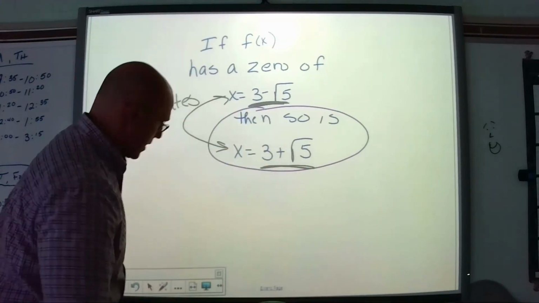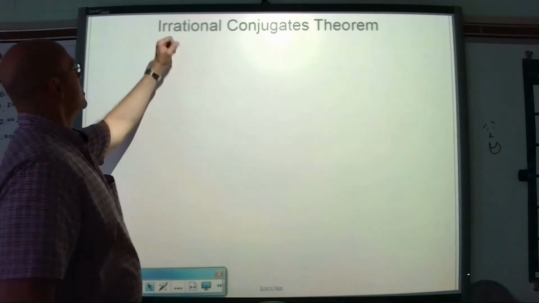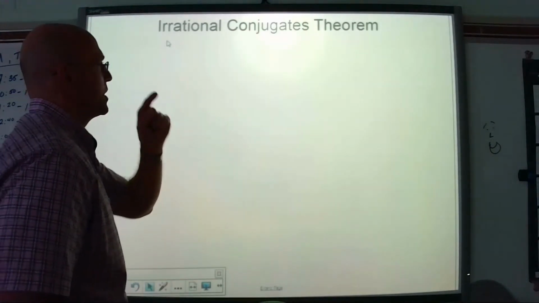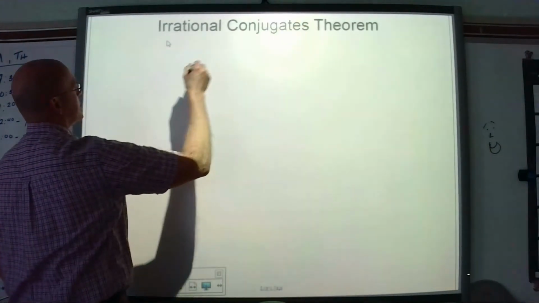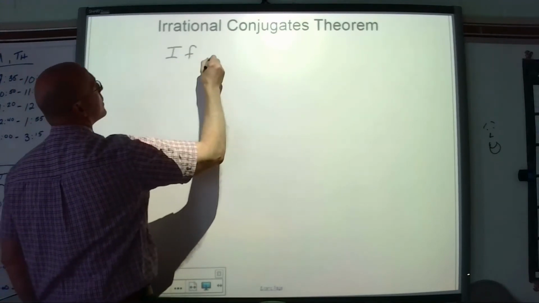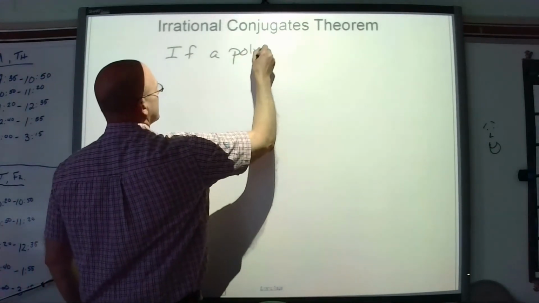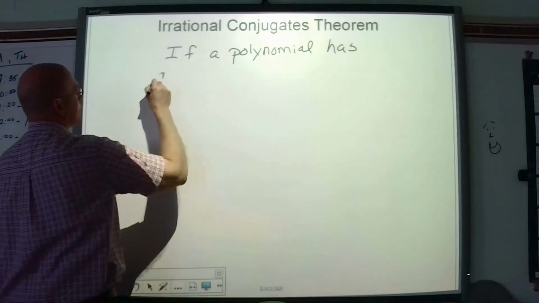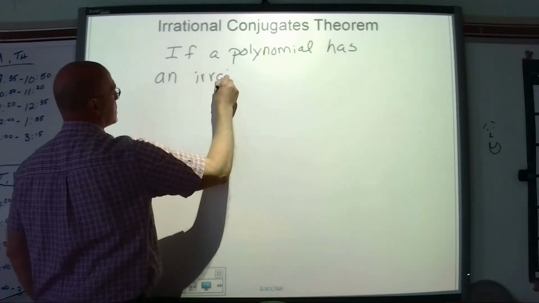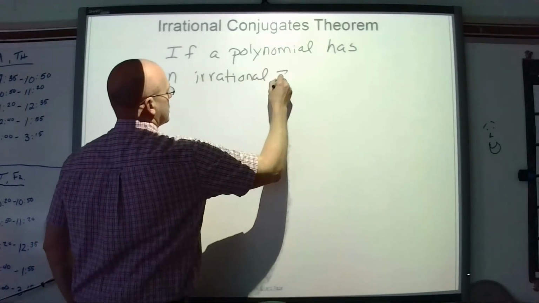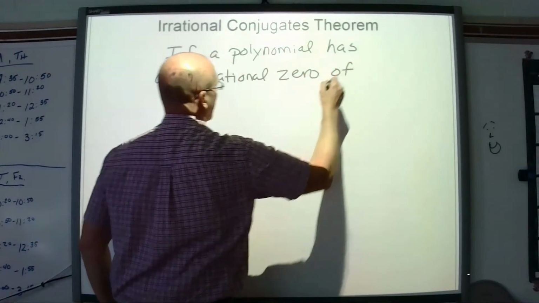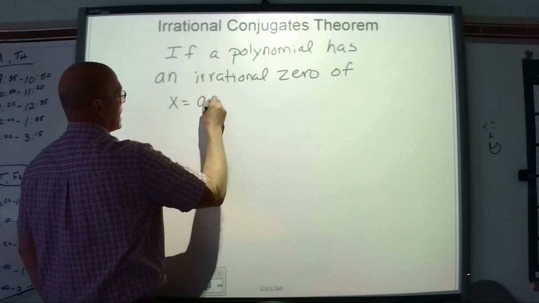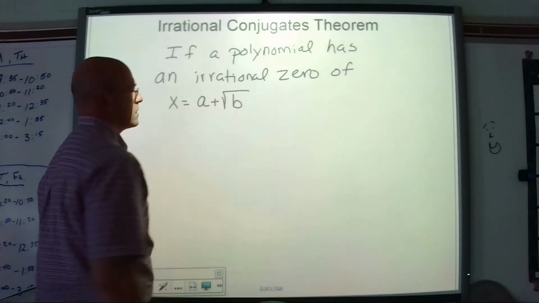So this next thing is very important. Okay? It is known as the irrational conjugates theorem. Irrational conjugates theorem. And here's what it says. If a polynomial has an irrational zero of x equals, and I'm just going to use letters here, okay, a plus the square root of b.